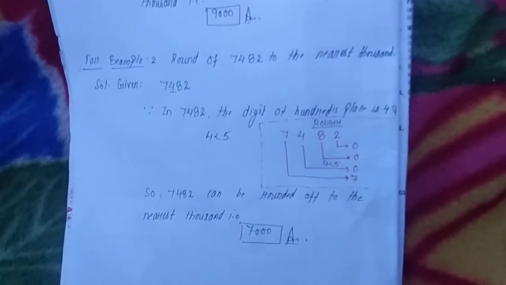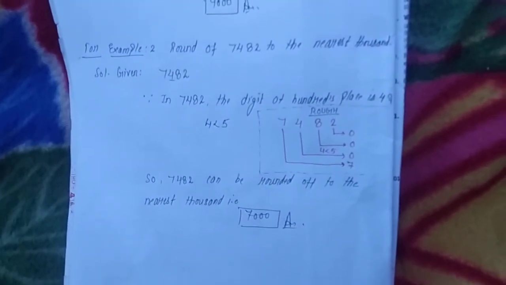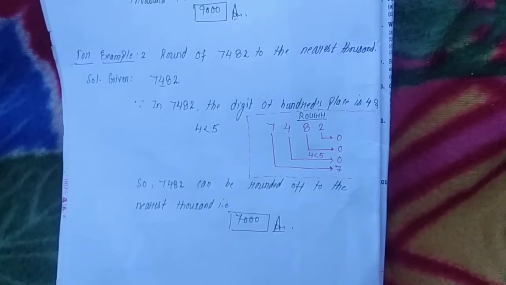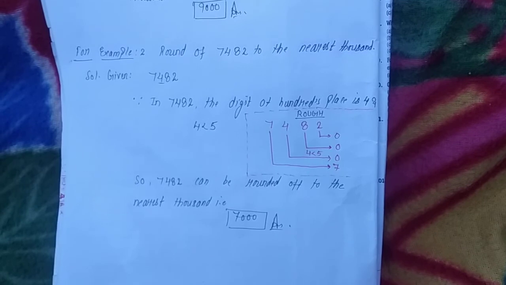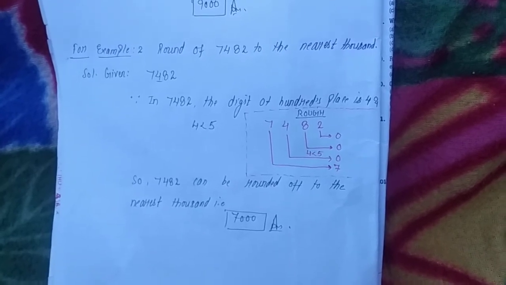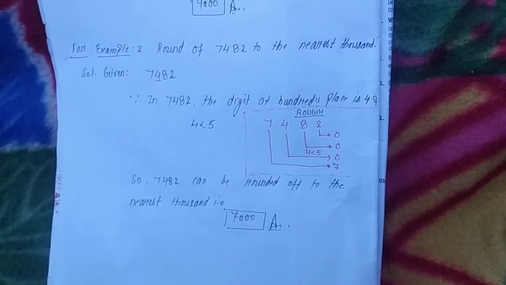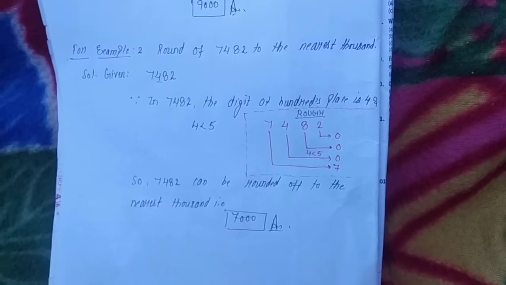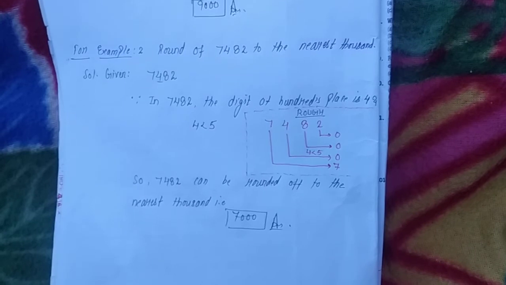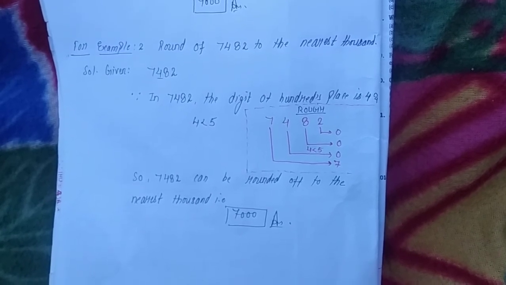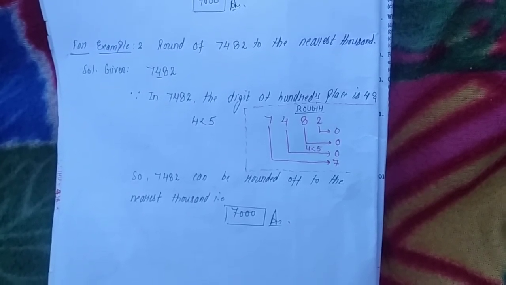So in that way, I hope you have understood the concept of rounding off of numbers. In the same manner you can round off higher numbers also, like in lakhs, crores, whenever it is asked of you. You just have to focus on the immediate right digit of the chosen number.